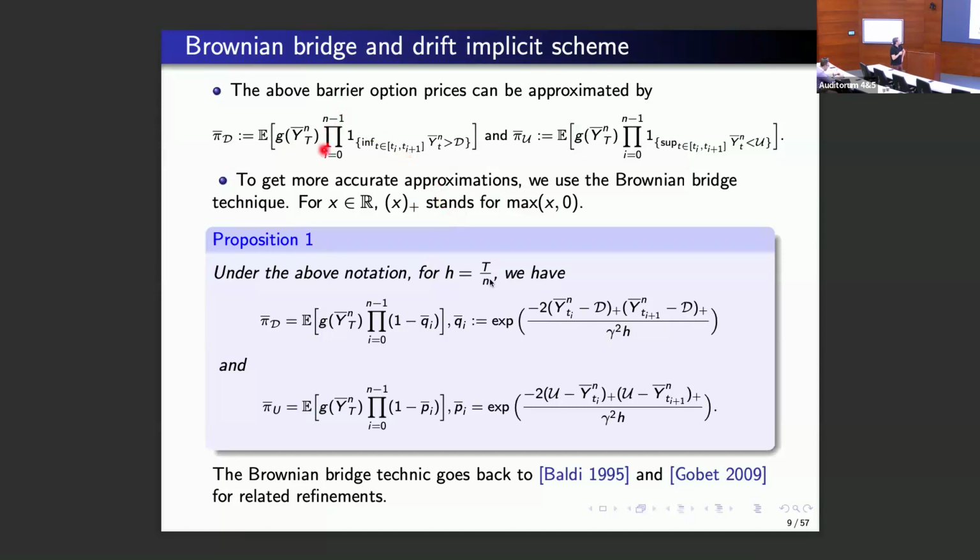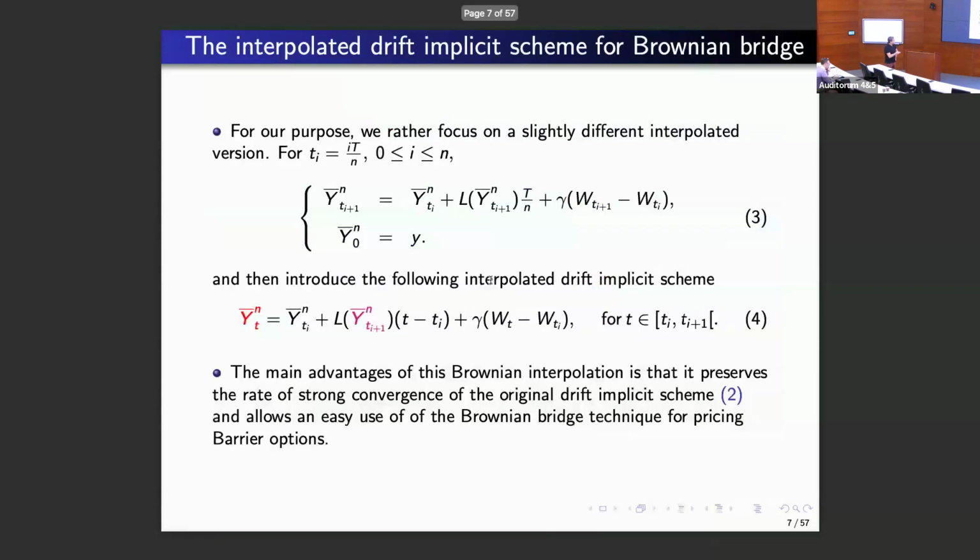So until here, nothing is lost, because I'm just saying that the running minimum here is just the product of n running minimums, but it's not the discrete one, since here I keep track of what's happening between two discretization times.